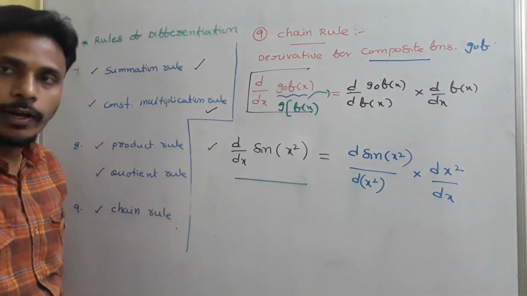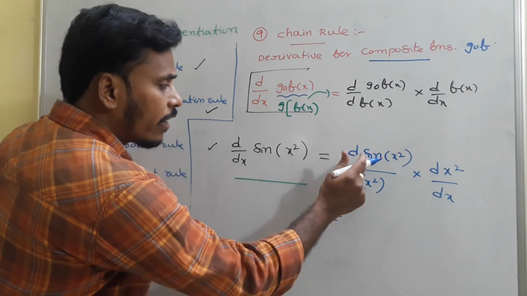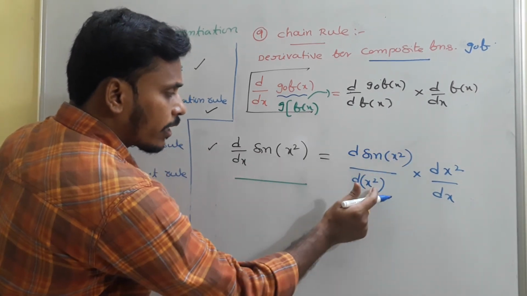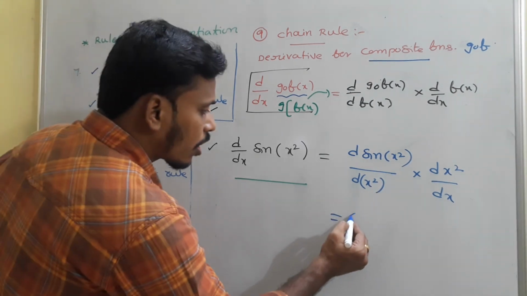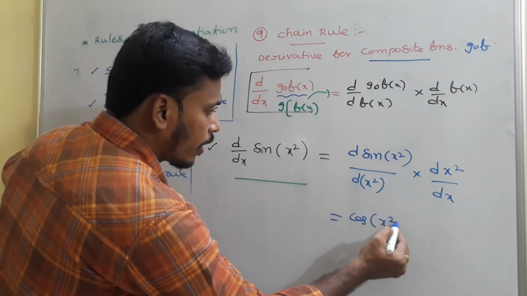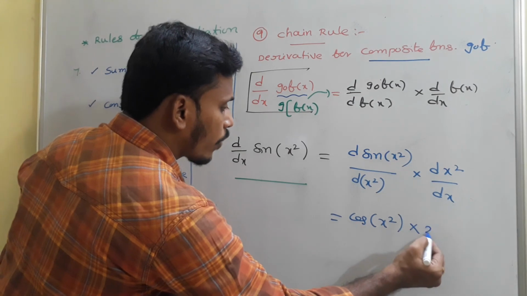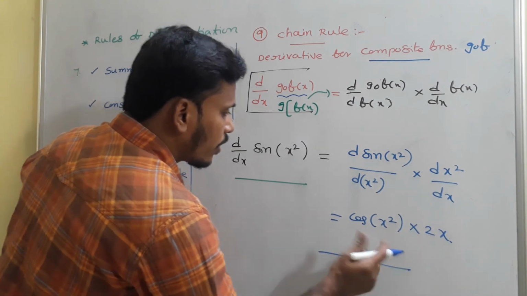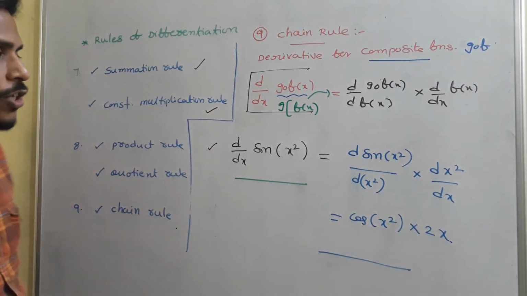That's what we need to find. Just have a look. The derivative of sine of something with respect to the same value is cos of x square, into the derivative of x square, which is 2x. This is the way of applying the chain rule.